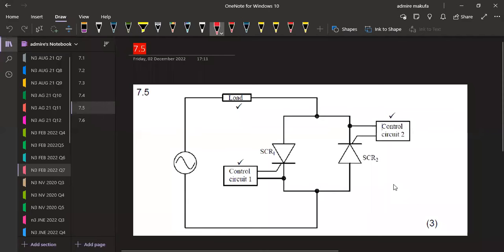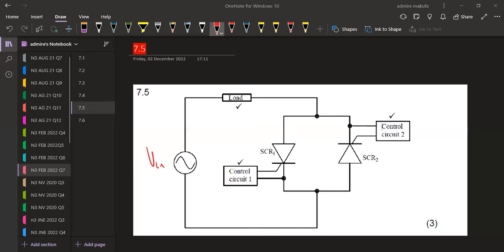We've got our load, then we've got from the triggers the transistors that we have, we are going to have the control circuit 1, the control circuit 2, control circuit 1, control circuit 2, then our SCR1, our SCR2 in this case. Then this is your input. So you're also supposed to indicate this one as your VIN, which is your input in this case. All right. So in this part, that is how we can actually have a full wave control.